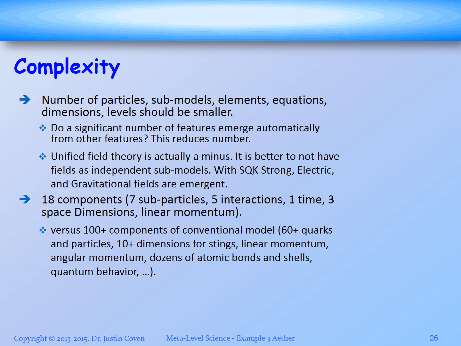For example, the number of quarks and other base particles, along with 10 plus dimensions for strings, linear momentum, angular momentum, dozens of atomic bonds and shells, quantum behavior, and many, many other features of the standard model, as it is a combination of many different intermodels. With subquantum kinetics, all of these elements or features or behaviors emerge from the simpler model.